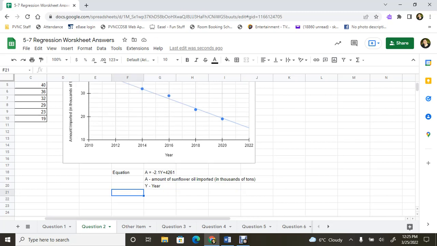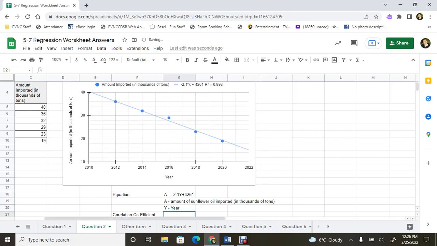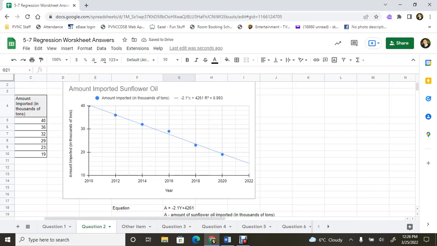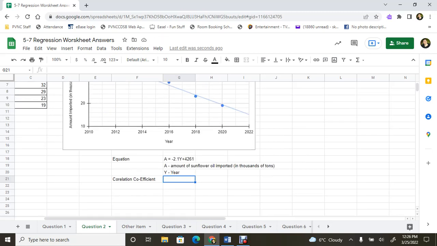Okay, now we're going to do the correlation coefficient. We're just going to make this fit. So R squared is 0.993. So we've got to square root it. We're going to use a calculator to square root it.